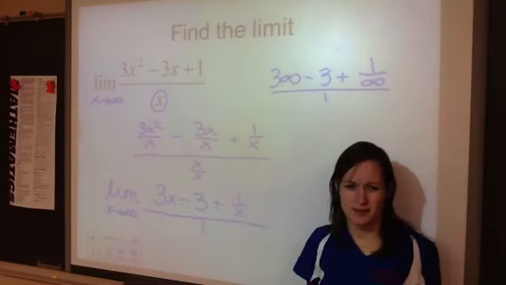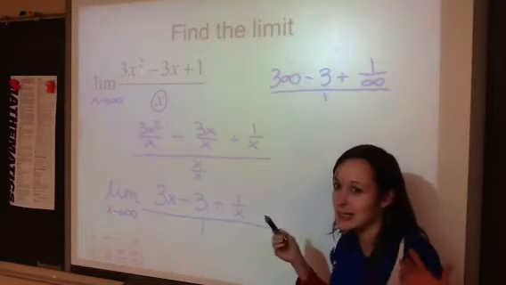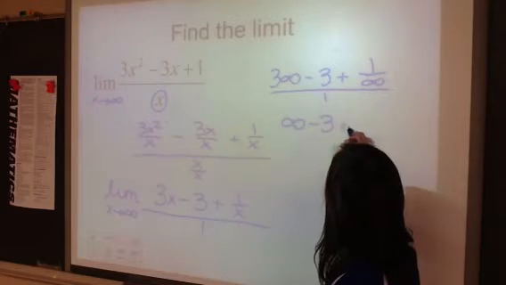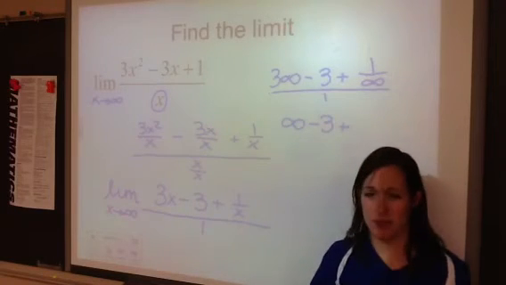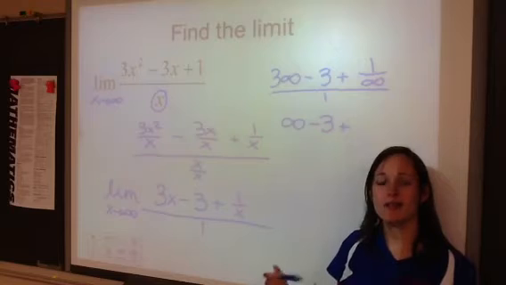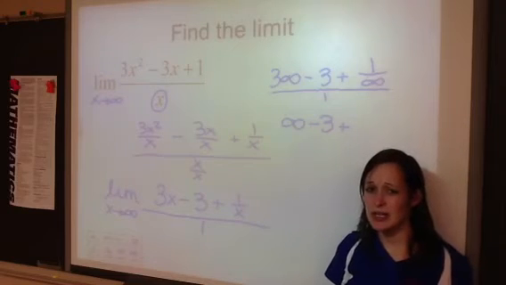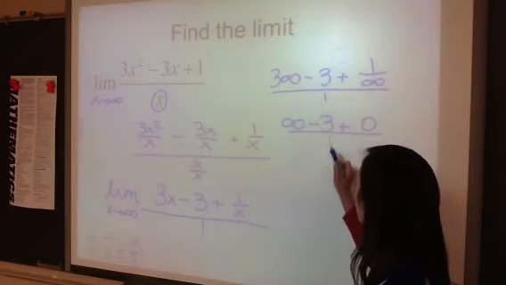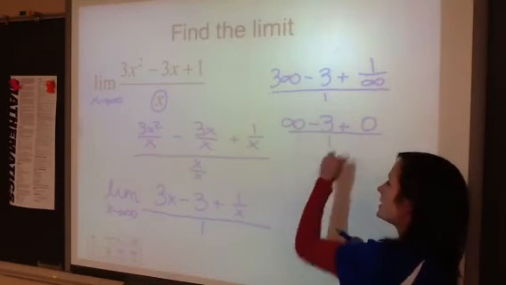What is 3 times infinity? It's still infinity. Minus 3 plus, what is 1 divided by infinity? Well, 1 divided by a huge number is very close to 0. So we're going to put 0 there over 1. So we have infinity minus 3.